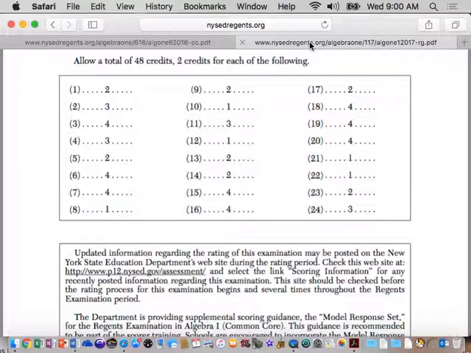And this one, the answer is not the empty set. The answer is going to be all real numbers.